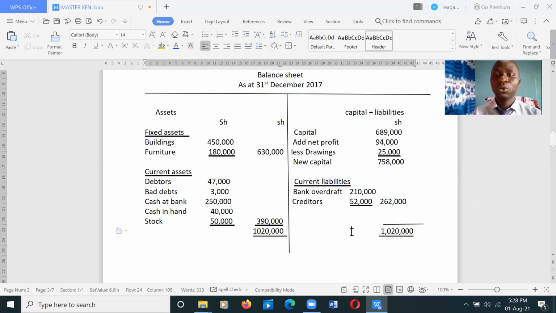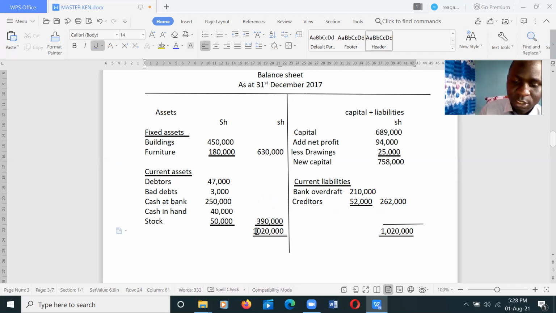Now we come to check if our balance sheet is balancing. Remember, if you do the right thing when preparing the trading profit and loss account, there's no issue. Your balance sheet will always balance. That's why it's called a balance sheet. So here we add 630,000, which is our total fixed assets, plus 390,000, which is our total current assets.